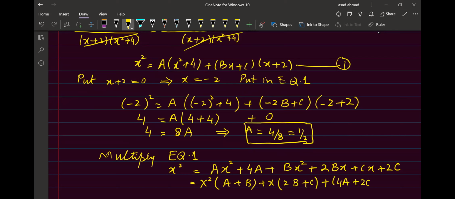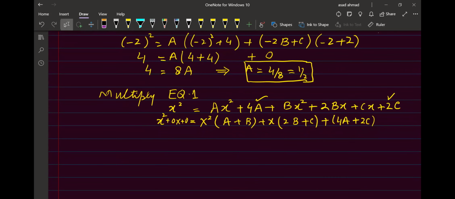So we will collect the terms in this pattern: 2C is constant, 4A is constant, while on the left hand side we have only x square. We don't have any x, so you can mark it as 0x plus 0, so that we can compare the coefficients from both sides.